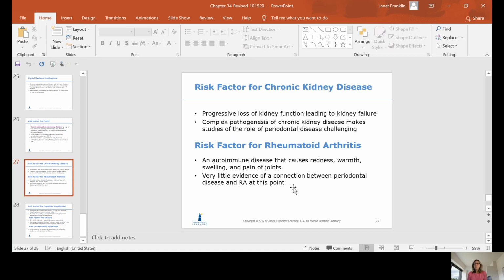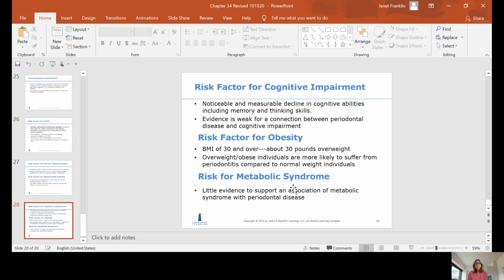Risk factors for rheumatoid arthritis, which is an autoimmune disease. We discussed earlier how in autoimmune diseases your immune cells attack yourself. They recognize yourself as being a foreign body. Risk factor for cognitive impairment, a noticeable and measurable decline in cognitive abilities, including memory and thinking skills.